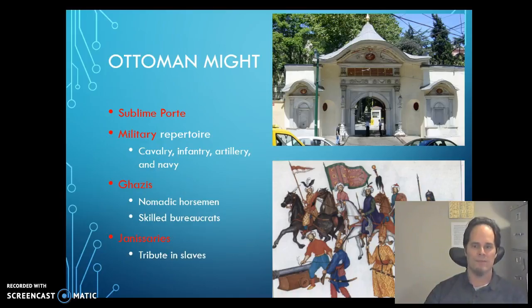This, over time, became something of a threat because these Ghazis were rather talented and skilled managers. And so, by the time we get to Suleiman, we're going to see within the Ottoman Empire a shift from this kind of mercenary soldiers turned settlers turned distant managers from the Sublime Porte, the capital city of Istanbul.